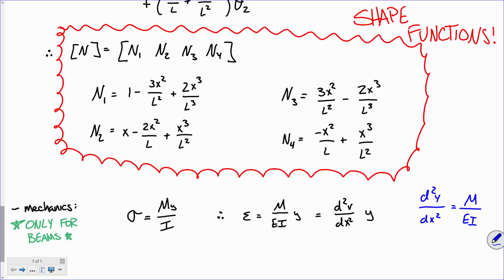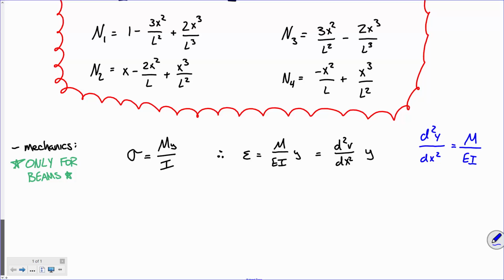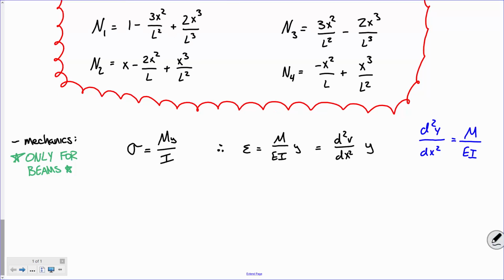So, here's what I propose to you, and this is what's different with beams than with bars. With bars, what did we do? Therefore, for bars, we had that the strain was the B matrix times the displacements, right?